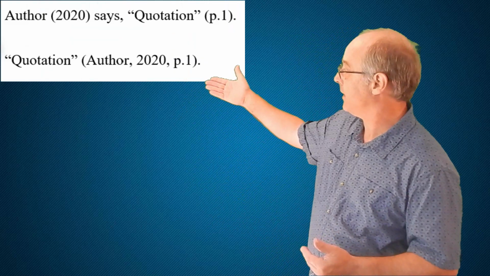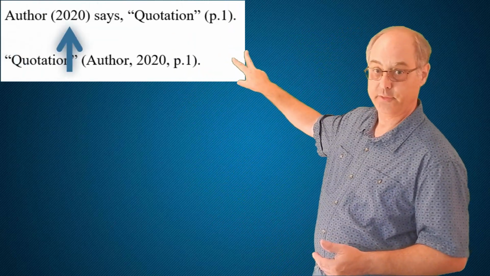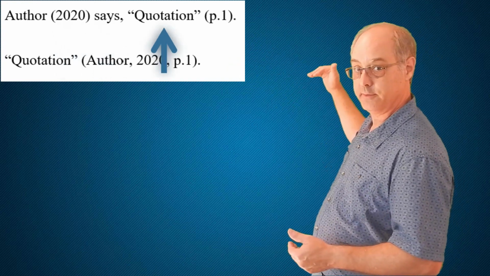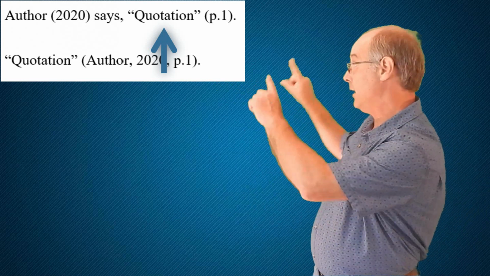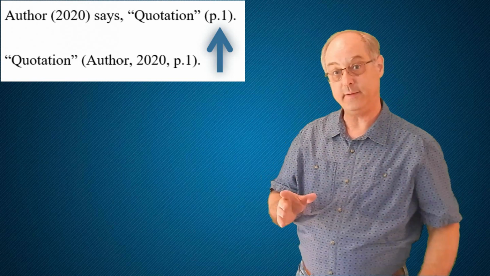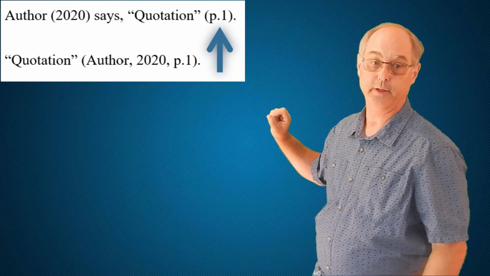Now, in APA, the way you do this can vary depending upon how you are doing your quotation or paraphrase. The standard way is something like this: author, parentheses, publication year, says quotation. Then at the end of the quotation, if there's a page number, then a different set of parentheses with P, period, the page number, close parentheses, and period.